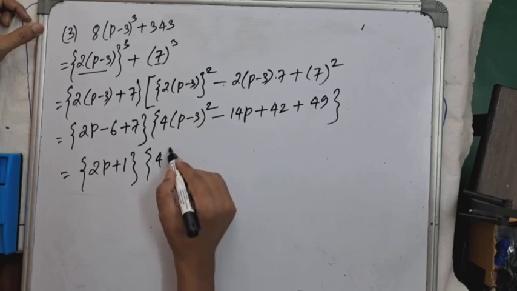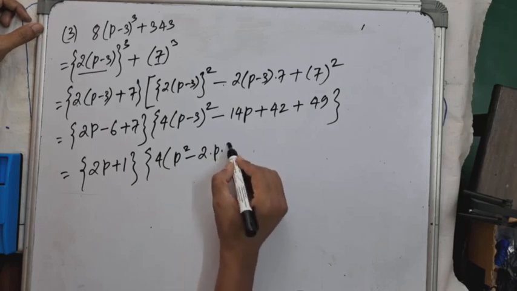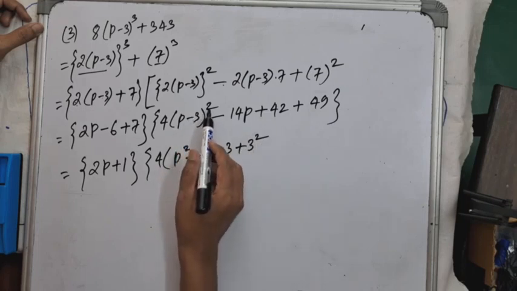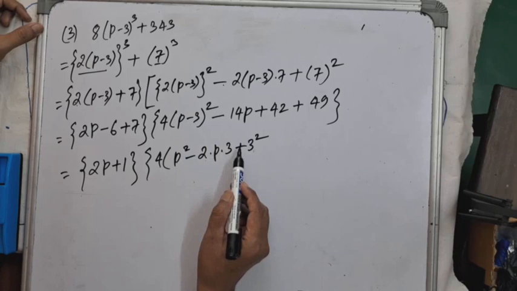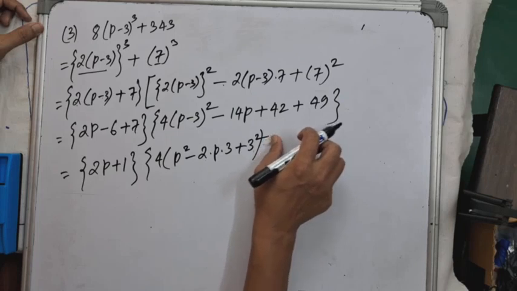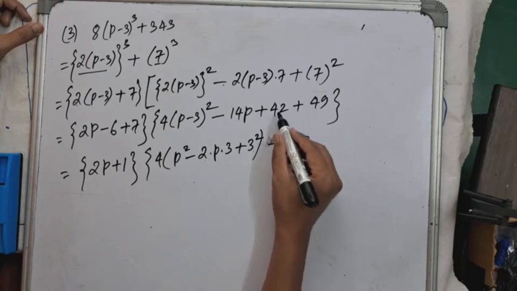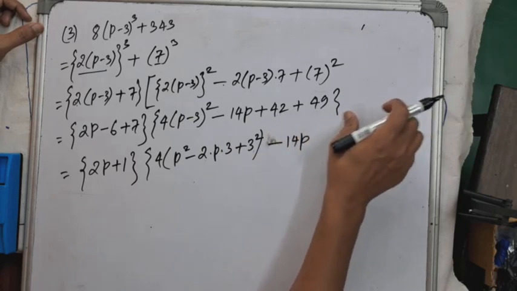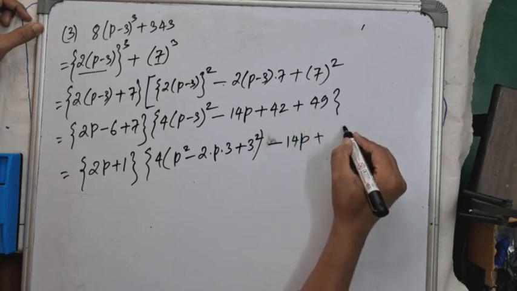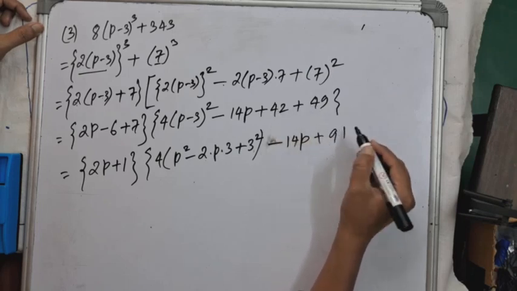A minus b whole squared means a squared minus 2ab plus b squared, minus 14p, okay, we have bracket here, minus 14p plus 42 plus 49, same sign, so we must add these two numbers. 9 plus 2 is 11, we write 1 here, we have 1 in hand. 4 plus 4 is 8 plus 1 is 9, 91, isn't it?